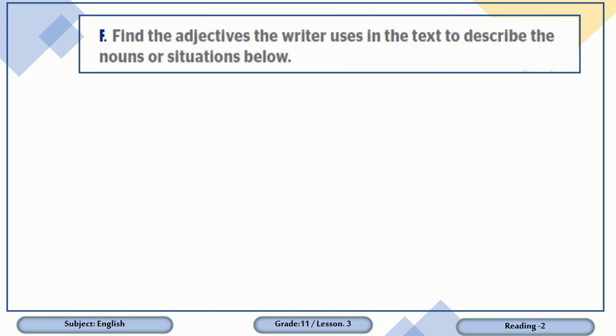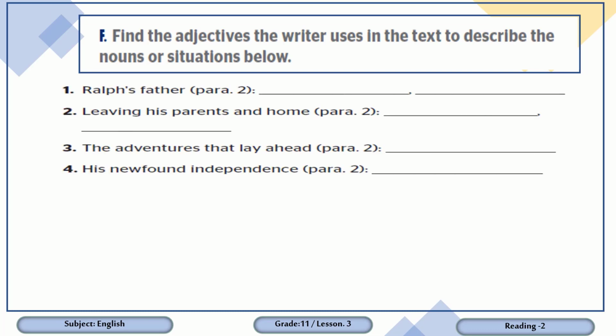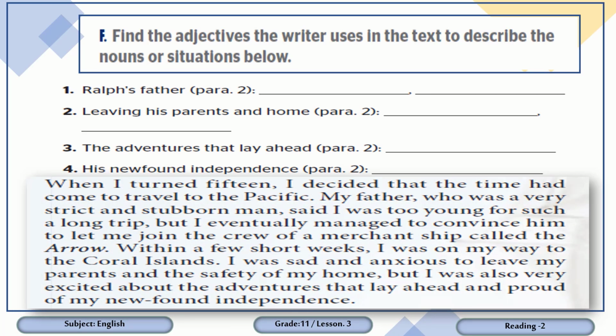Exercise F. Find the adjectives the writer uses in the text to describe the nouns or situations. Here are the nouns and situations, and here is paragraph 2. Read the paragraph well. Try to get the correct adjectives and write them in front of the nouns or situations up there. So, now please pause the video for some time. Get your answers ready. Then play the video again in order to check your answers.